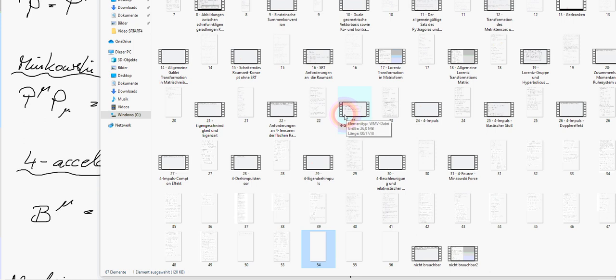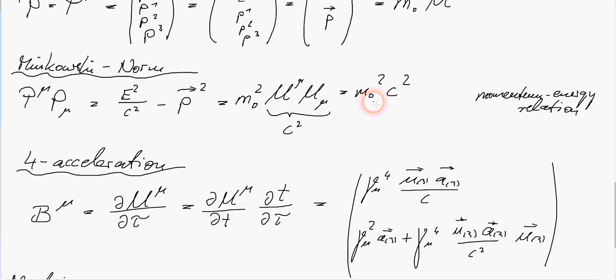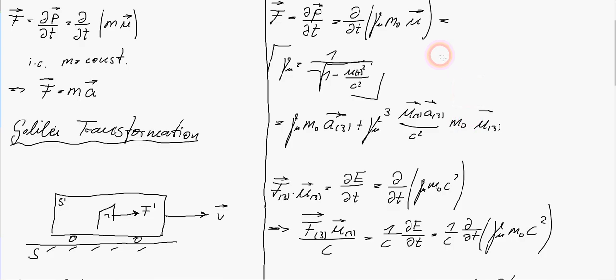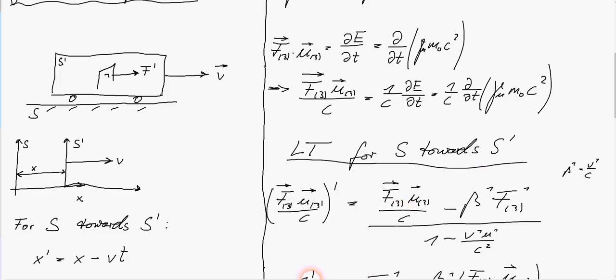So we need 4 components. How can we continue here? If we look at the expression which we gained for the relativistic power, which is the time derivative of the relativistic energy, where we constructed F times u over c, we compare it and we will see the following.